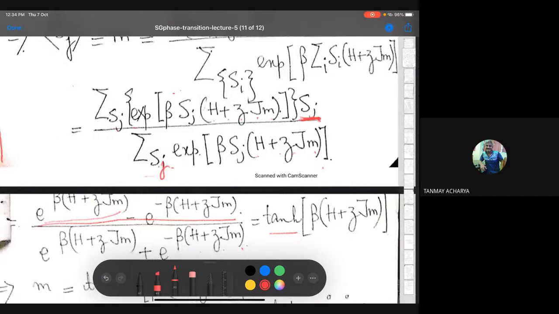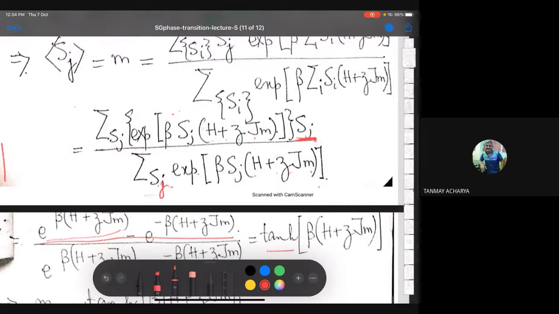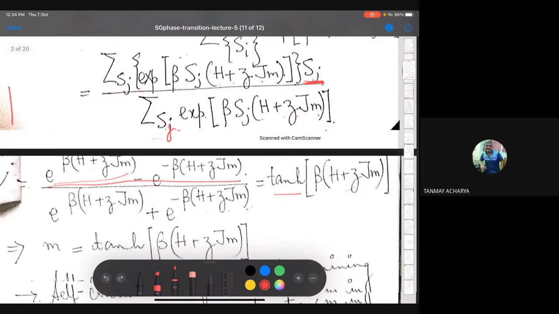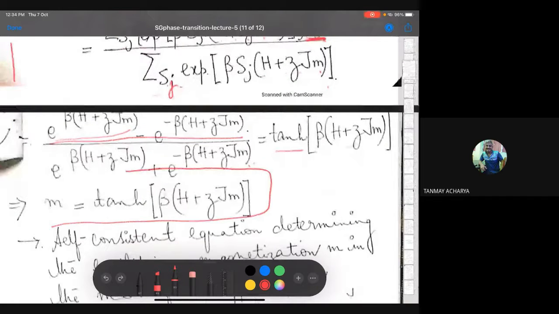So I get an equation: m equals tanh of beta (H plus JZM). So you get this equation.